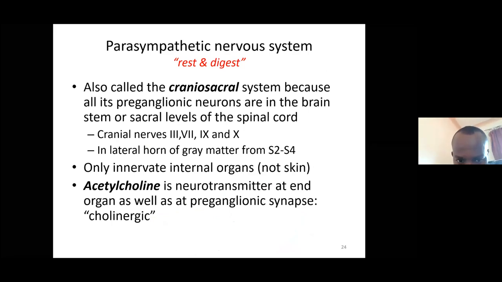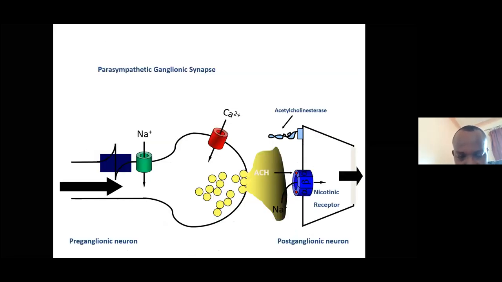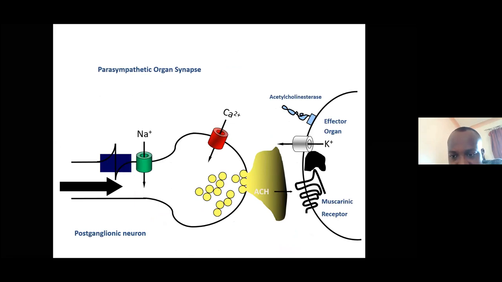So I've already talked about this. Acetylcholine is a very important neurotransmitter. Now, this is the postganglionic. The parasympathetic postganglionic produces acetylcholine. Notice that the receptors on the preganglionic are nicotinic receptors. And on the parasympathetic postganglionic, they are muscarinic receptors.